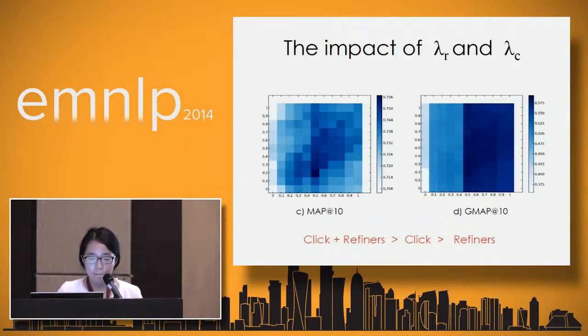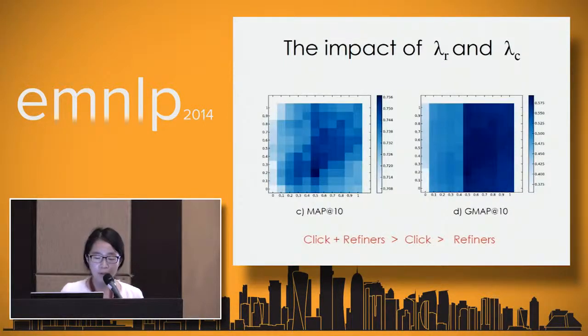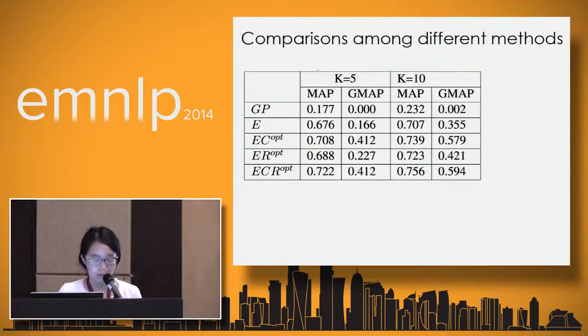Also, there's an obvious diagonal line in the MAP diagram, from which you can derive that a more balanced combination of clicks and refiners can get better results. And here are the detailed results.